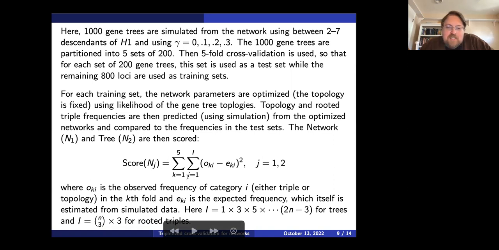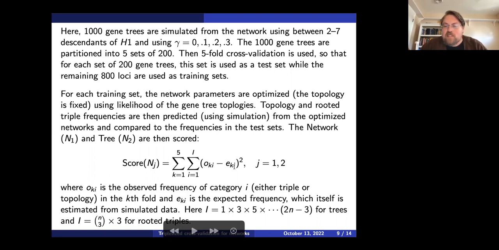Well, actually, I is indexing the topologies that are observed. O sub ki is the observed frequency of category I, meaning topology I. If we're using cross-validation using full trees, it's going to be a topology. If we're using triples, then I is going to represent one of the triples that's observed.